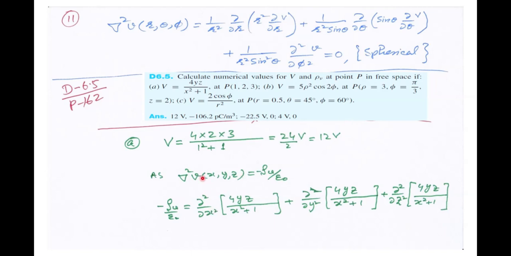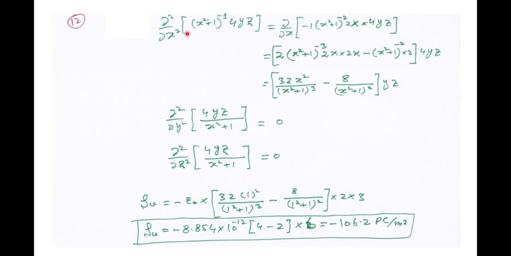So expand del square v in the rectangular coordinate system, and then apply each second order differential derivative along each axis to the potential function. First find the partial square by partial x square, then partial square by partial y square, then partial square by partial z square of the given potential function, which is equal to 4 times y times z divided by x square plus 1.